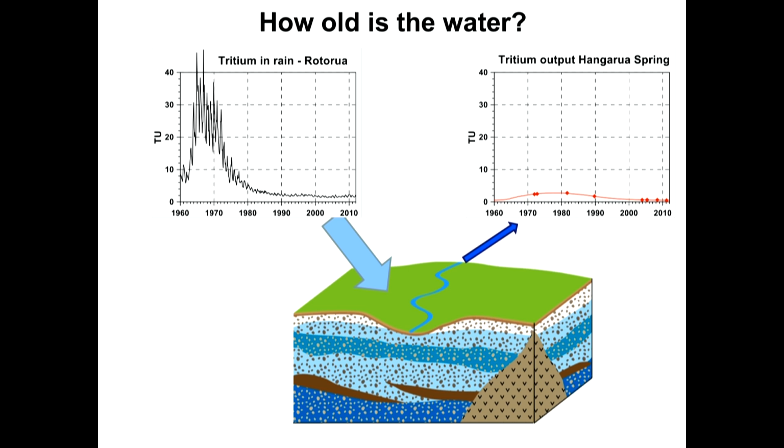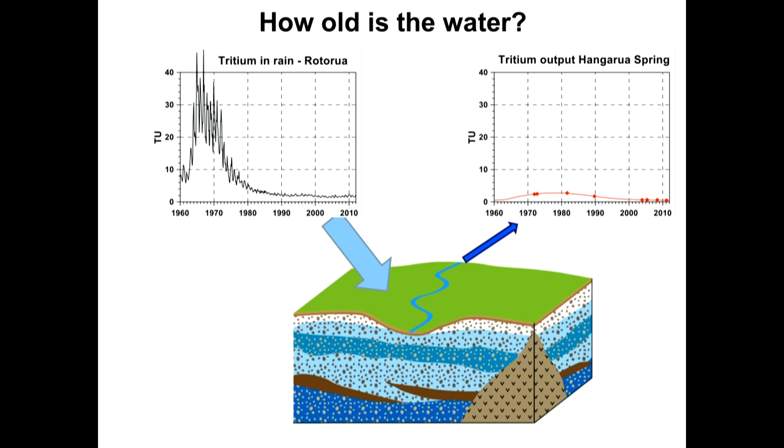So we see, and this is a real example here, Hamurana Spring, or it's called now Hangarua Spring, Lake Rotorua. This is the tritium input signal into the Rotorua catchment, and this is what we measure in the outflow. We see that the tritium is much lower.